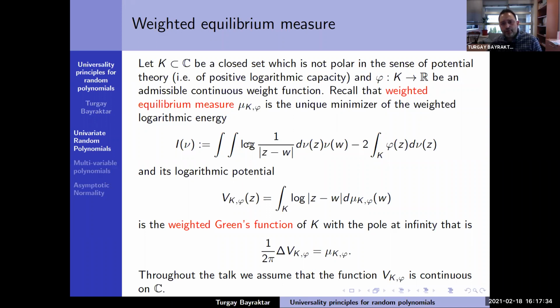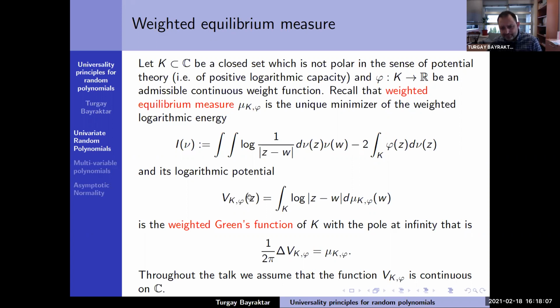We have this energy function, which is defined on the measures nu which live on the set K. And we look for the minimizer of this energy function. There's a theorem in potential theory that says under these assumptions, there's a unique minimizer, nu_{K,phi}, and we are looking for its logarithmic potential.